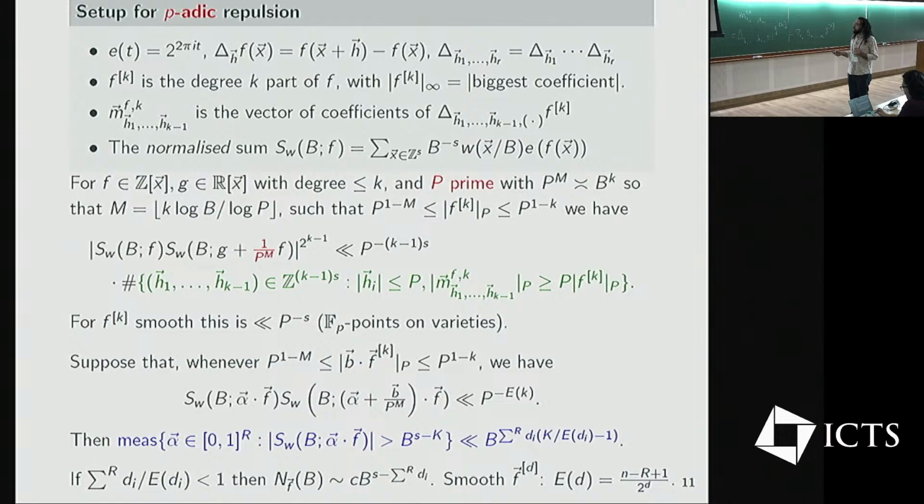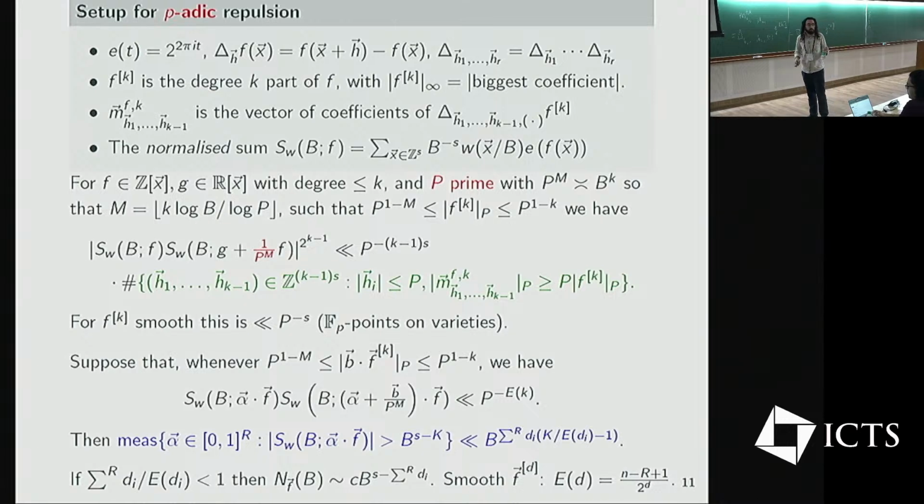Okay, and so that is a non-Archimedean version of the same problem. Instead of asking for this vector of multilinear forms to be small, we ask for it to be divisible by some prime. But there's a big difference, which is that estimating the number of solutions to some multilinear inequality could be difficult.